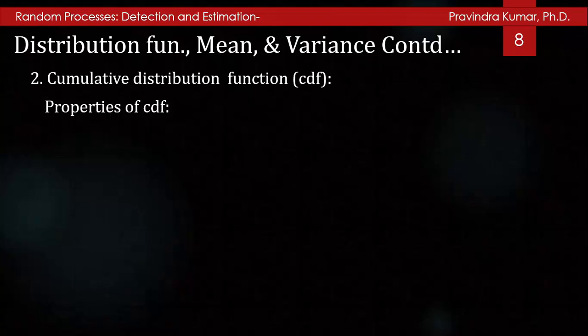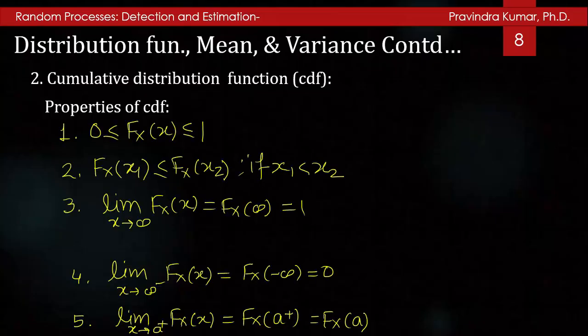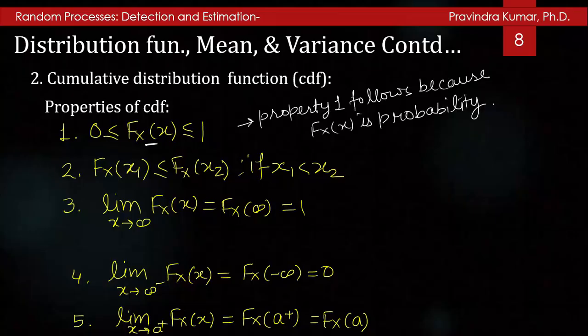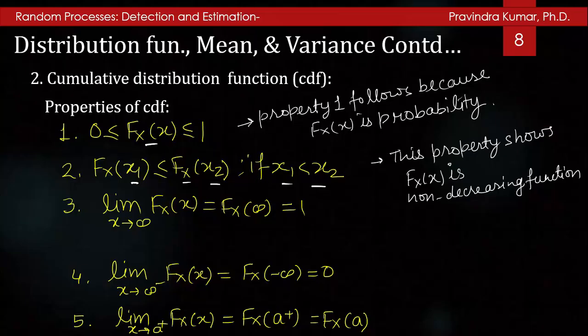Now the properties of CDF. There are different properties of CDF. The first property is that the CDF lies between 0 and 1, because the CDF is the summation of probabilities. This shows that Fx is a probability. The second property: Fx(x1) is less than or equal to Fx(x2) if x1 is less than x2, and this shows that Fx(x) is a non-decreasing function.